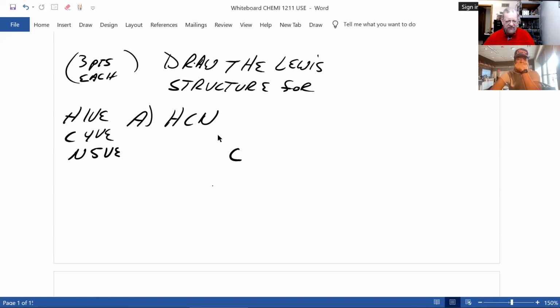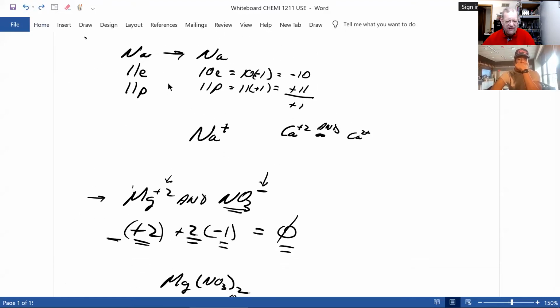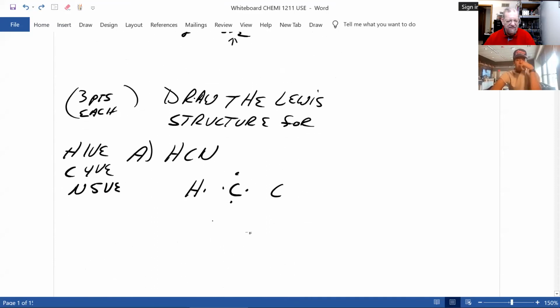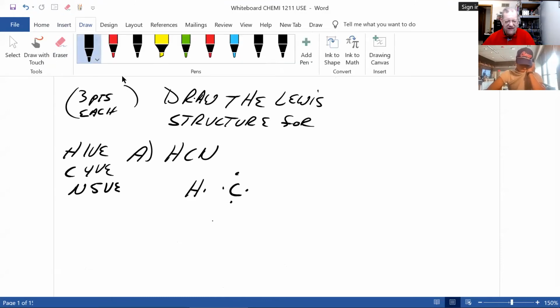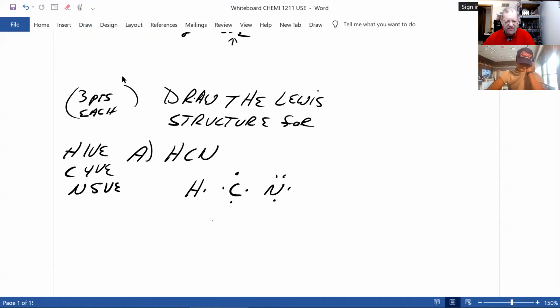Carbon's in the center. It has 4 valence electrons. Hydrogen has 1. Nitrogen has 5. And this hydrogen looks at one of these electrons, and carbon says, I've got 1 valence electron, you have 1, let's share. And they do.